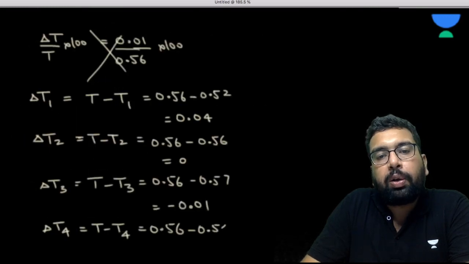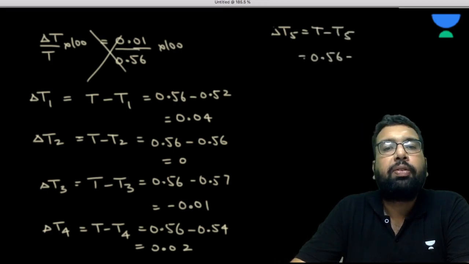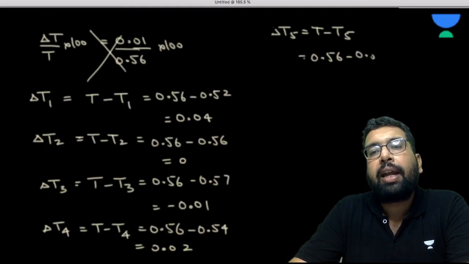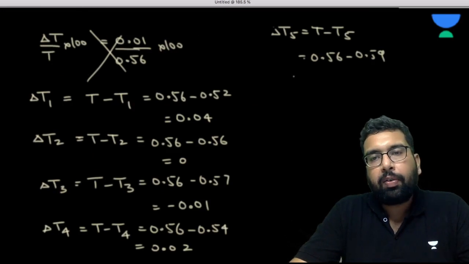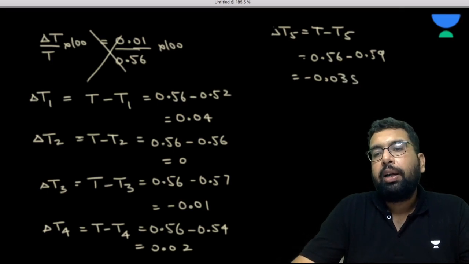So you are going to get 0.02. What is the error in the fifth measurement? It is t minus t5. So this is 0.56 minus the fifth measurement, 0.59, which is equal to minus 0.03 second. I hope it is fine to everyone.